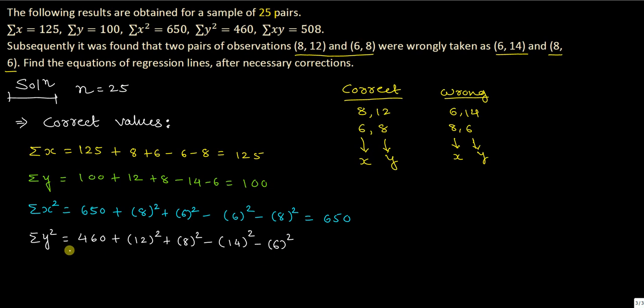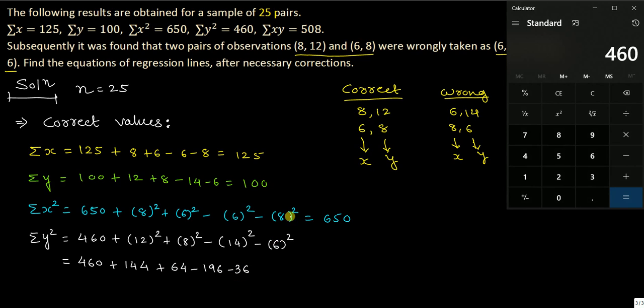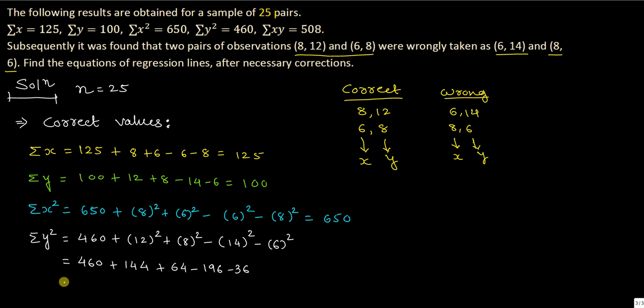It is equal to 460 plus 12 square 144 plus 8 square 64 minus 196 minus 36. Okay, let's calculate: 460 plus 144 plus 64 minus 196 minus 36 is 436. So here there is a change: sigma y square is equal to 436.